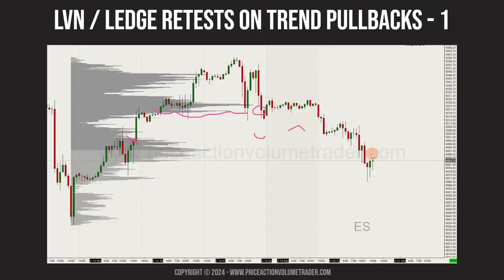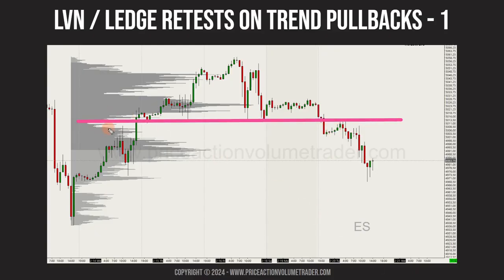So if we go back into the first chart right here, you can see that in this case, we had these lows right here. We clearly broke them, and then we have a very clear retest right over here.